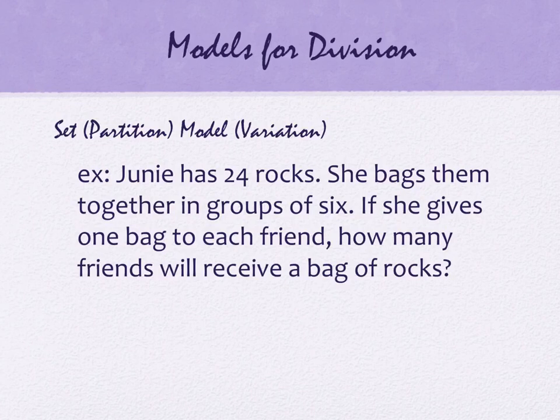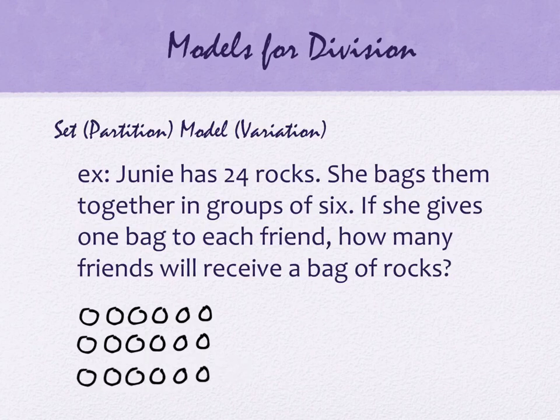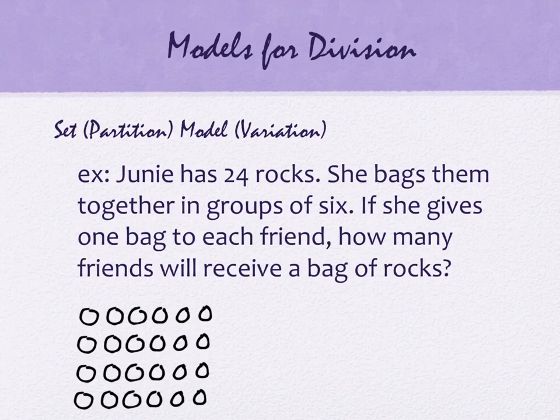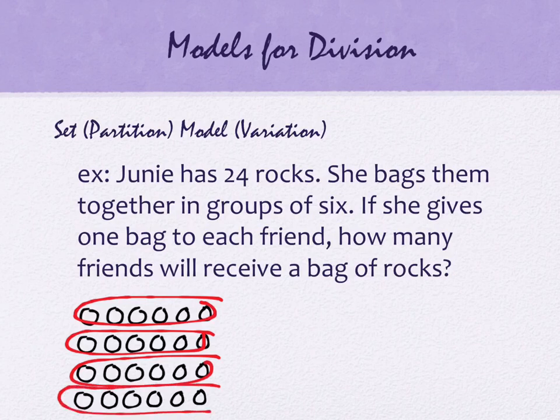So if we're determining the size of the group, we can have still our 24 rocks. Okay, so here's our 24 rocks. But instead of having 24 rocks and splitting them among the 6 friends, I need to make groups that have 6 rocks in them. So here's 6 rocks, and here's 6 rocks, and here's 6 rocks, and here's 6 rocks.